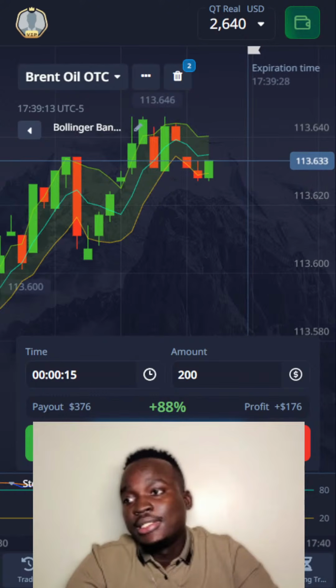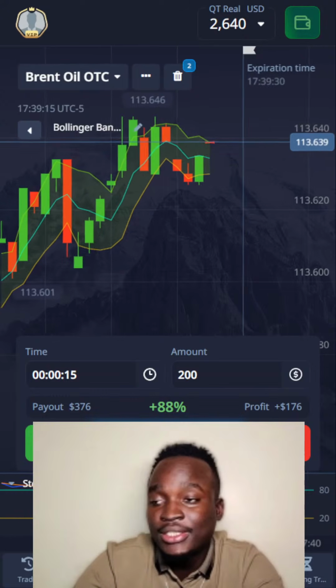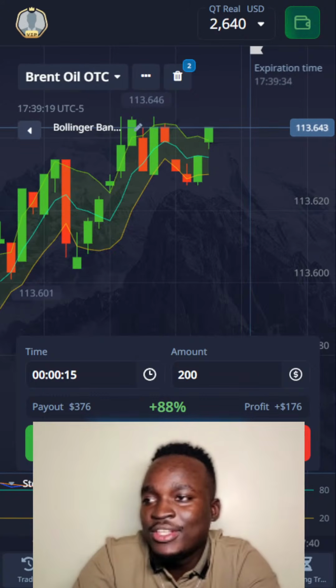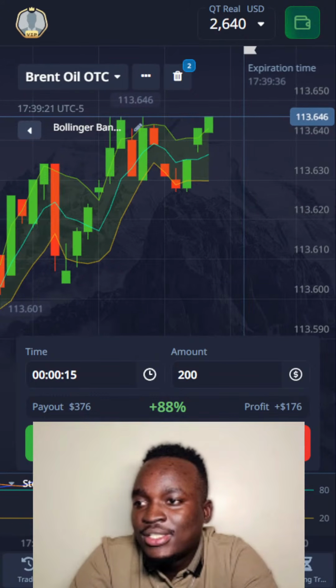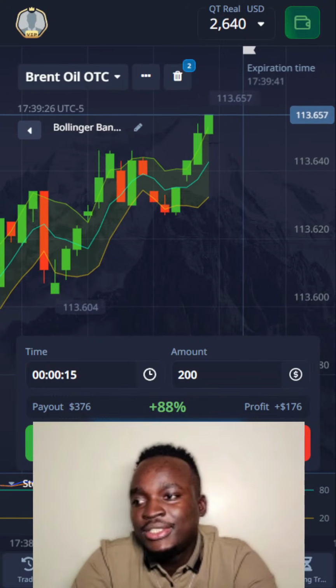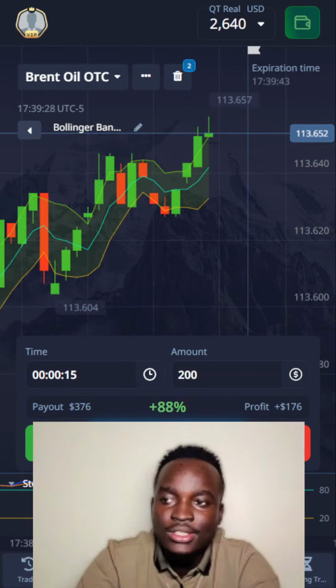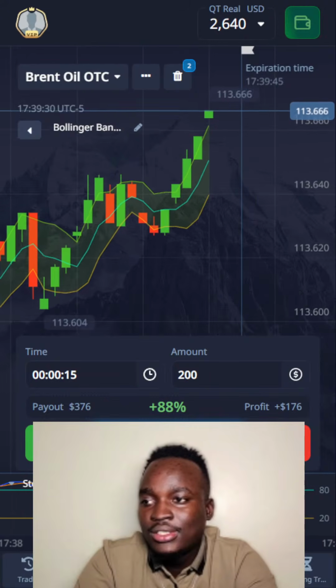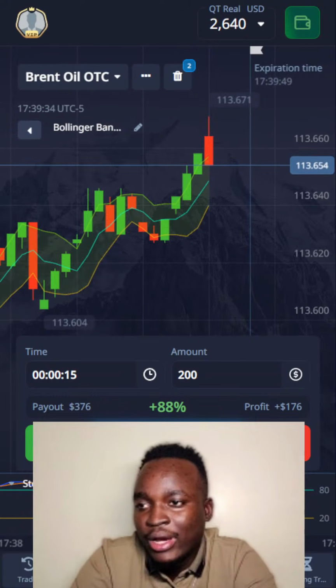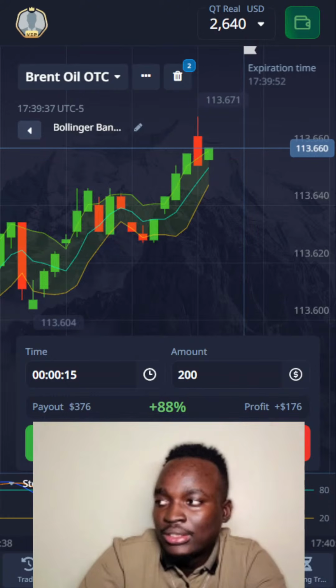Cameron is asking, do you have a multi-screen setup? Yes, I have 2 screens. I have one that I look at up here for the comments and everything. It shows me every comment, where I look at you guys. Then I also have this PC that I use for the trading sessions. This is just for the office vibes, but when I go back to my study room, I have a big screen there.